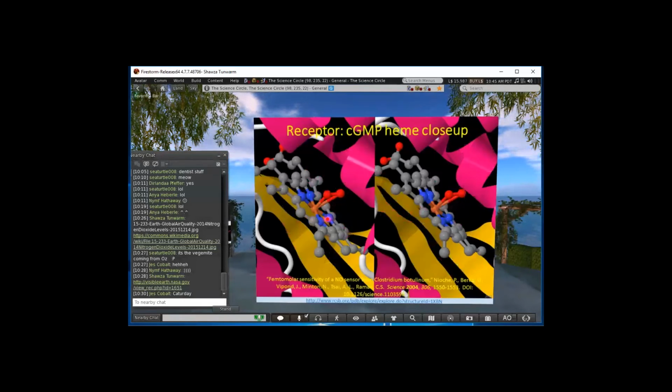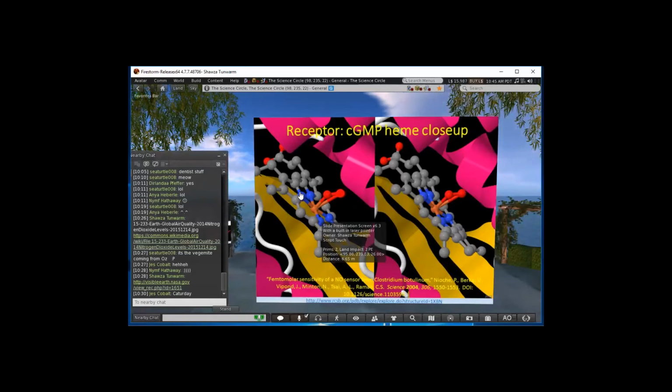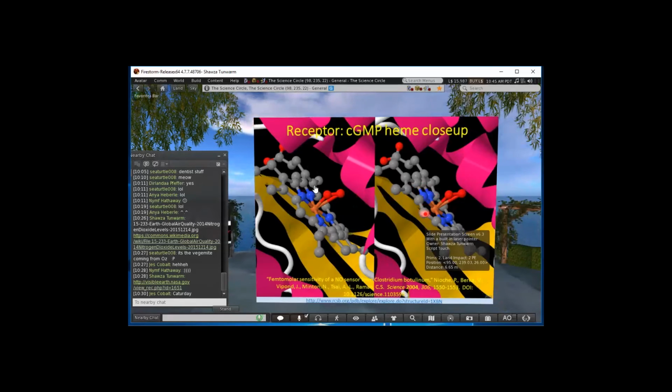Okay, well, there's the close-up of the receptor. In this case, we've got an oxygen molecule attached to the iron. It's bent, as you would expect. And basically, if I had told you this was from hemoglobin, it wouldn't be immediately obvious that I was lying to you.